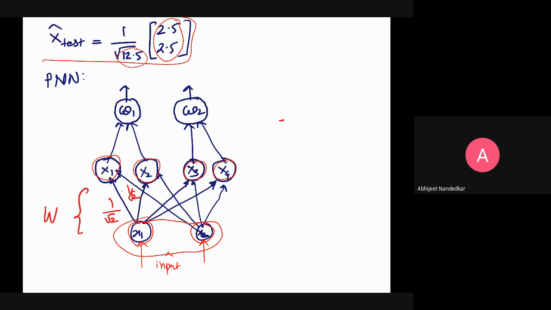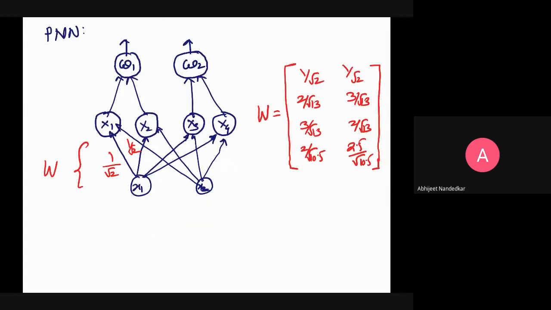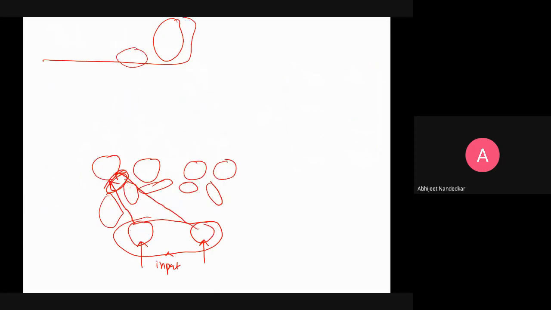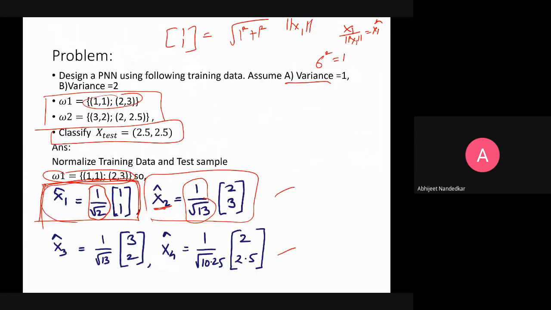So you have to have connection here, here, and here. Now see carefully. The connections from small x1 to capital X1 and small x2 to capital X1, these 2 connections have the weights 1 by root 2 and 1 by root 2 due to this first training sample.